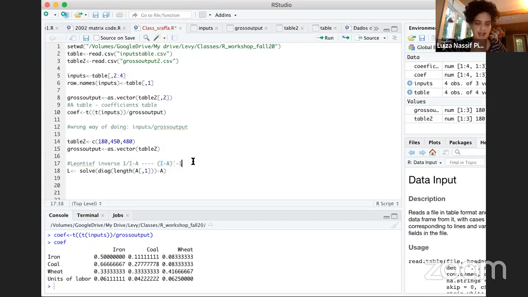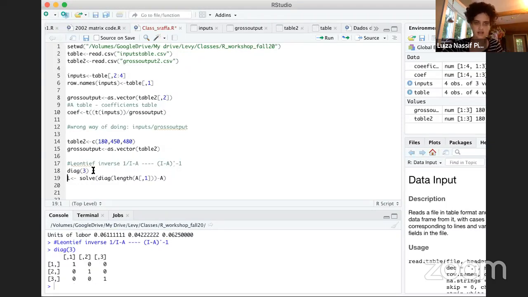So diag just creates an identity table. That's what the command does. The command diag creates an identity table of the length that it tells you, which here is 3.